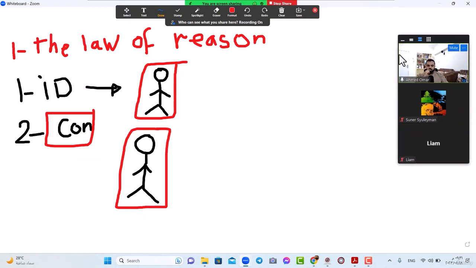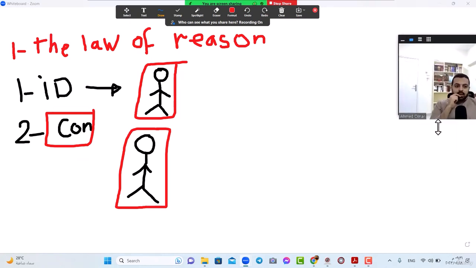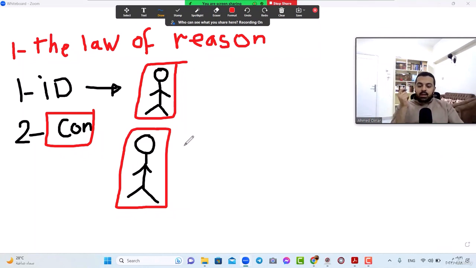So the scholar said, okay, if we said a proposition or a statement, this is Liam, I cannot say this is Liam and at the same time, at the same place, this is not Liam. It's impossible to be true.